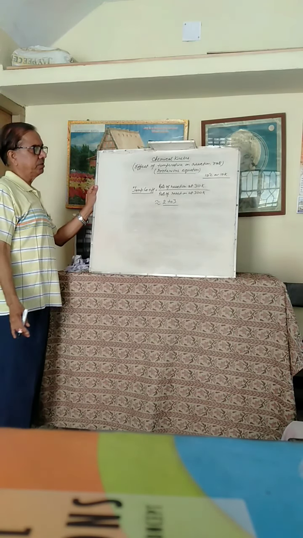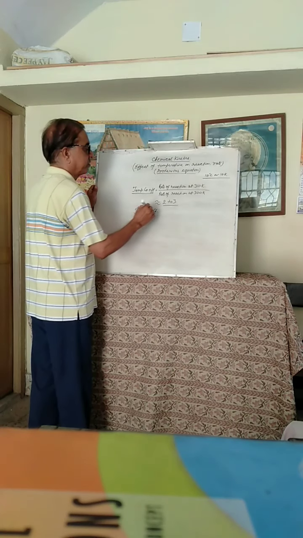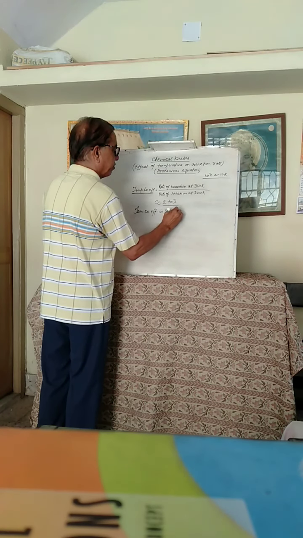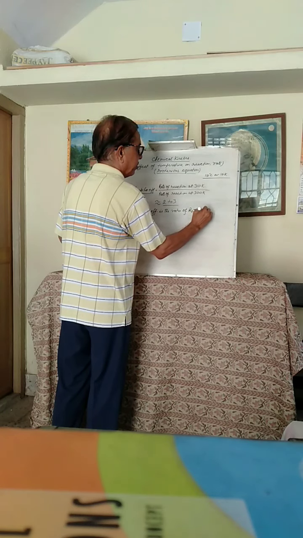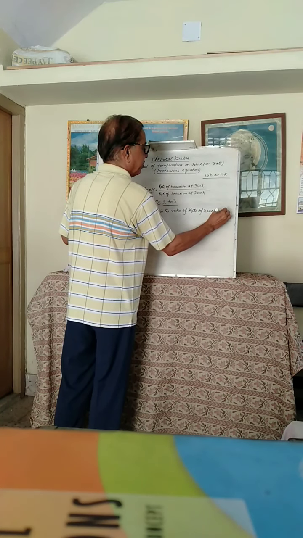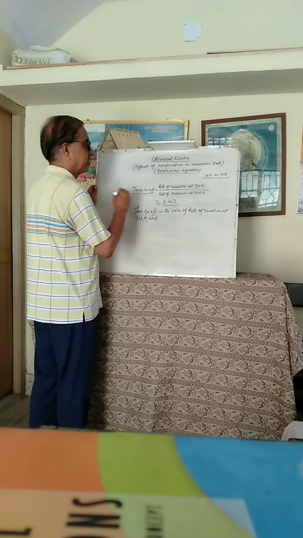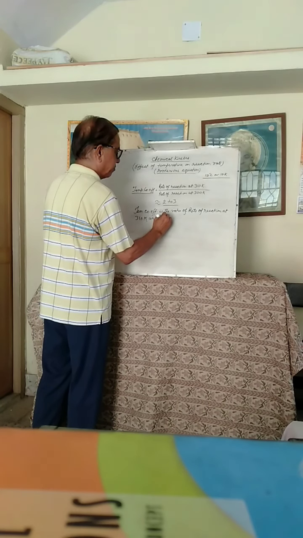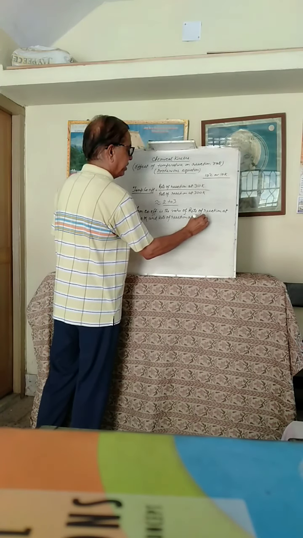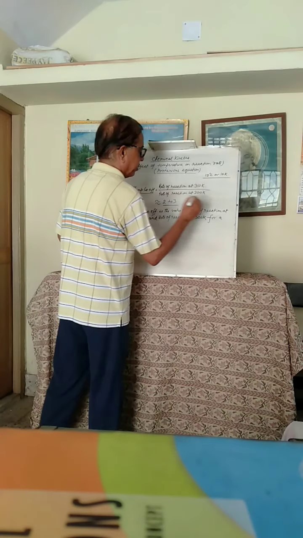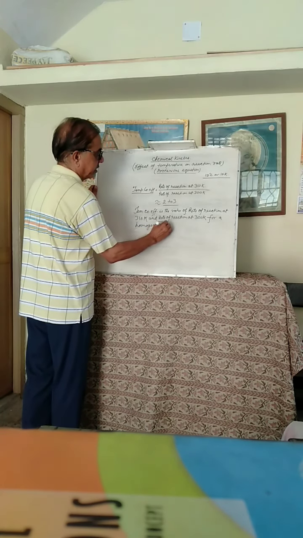Hence, how can we define temperature coefficient? Temperature coefficient is the ratio of the rate of reaction at 310 K and the rate of reaction at 300 K for a homogeneous chemical reaction.